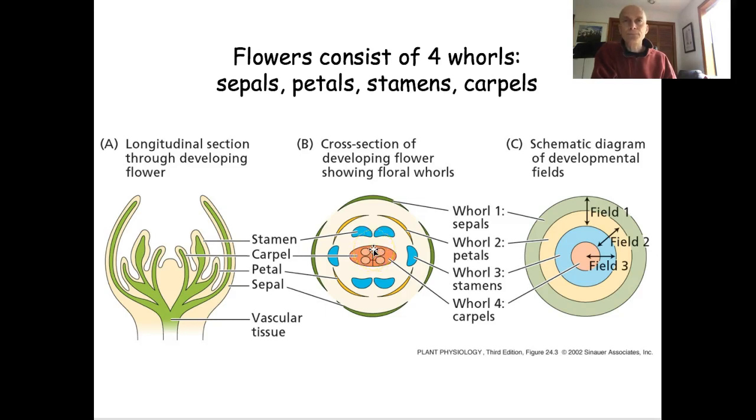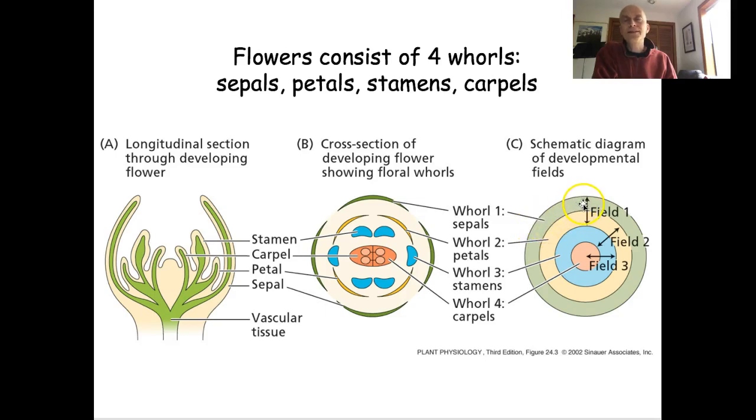And then lastly, you can also draw this even more condensed in a schematic that just describes the whorls. Whorls are essentially rings of organs. So there are 4 whorls in this particular flower, 4 rings of organs.